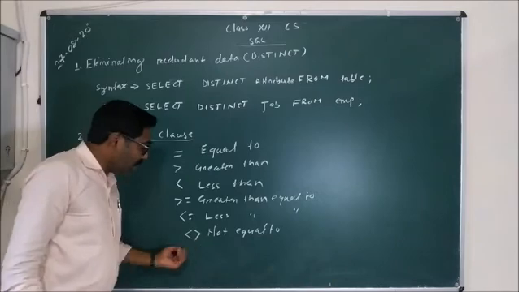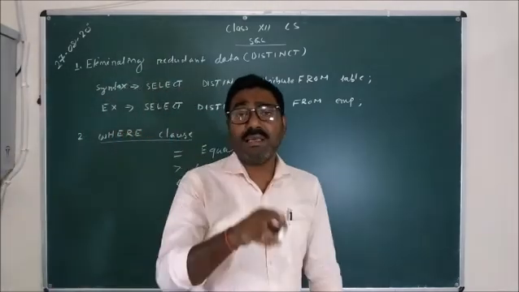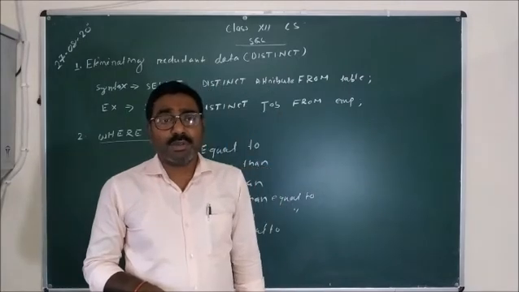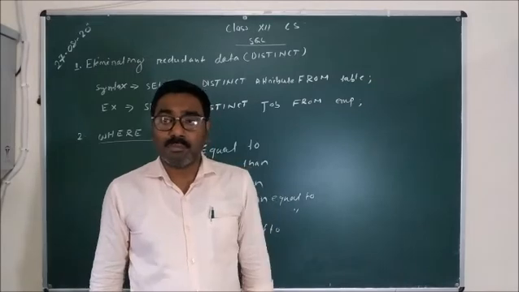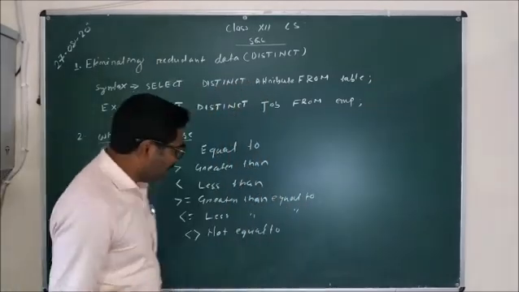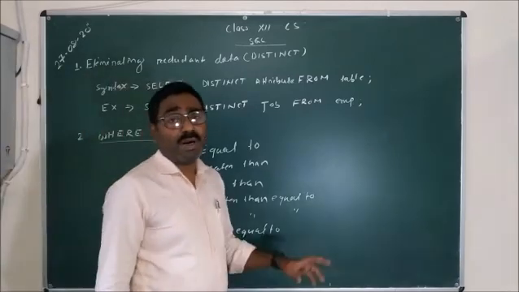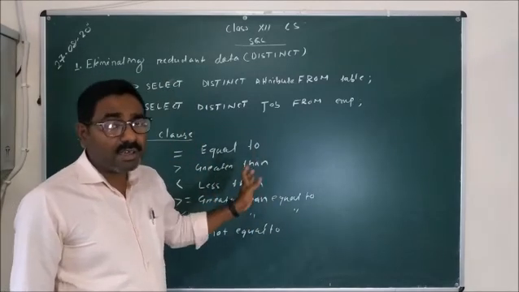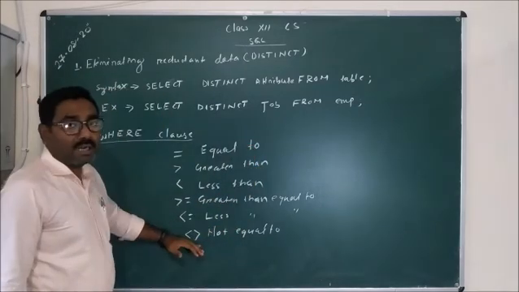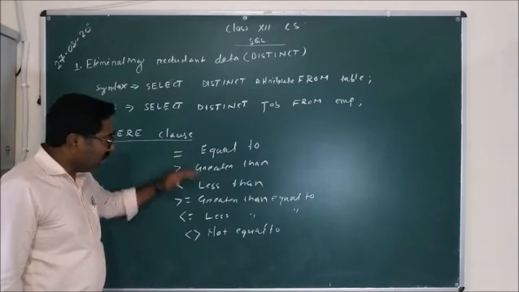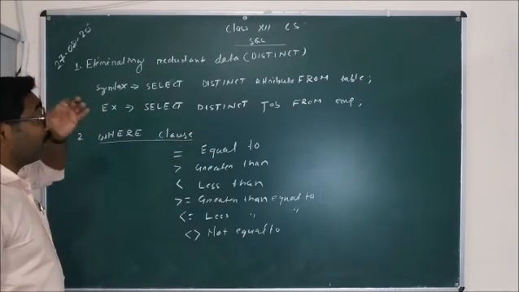In case of not equal to, you have to mention both the less than and greater than symbols, which is mentioned as your not equal to symbol. Generally this not equal to symbol is very rarely used in MySQL because one logical operator, not, replaces the job of this not equal to operator. Okay, so these are the different relational operators.